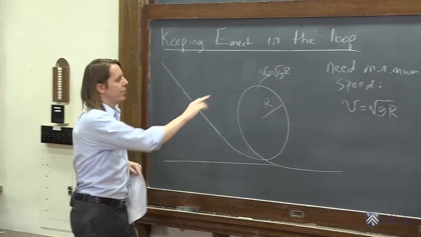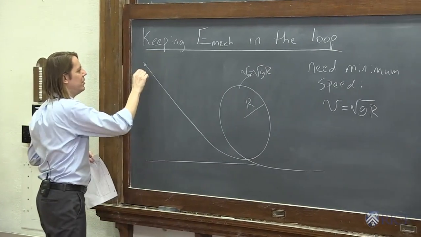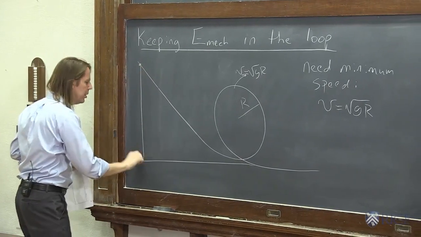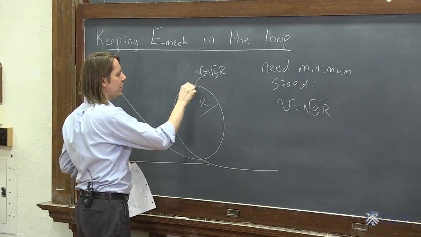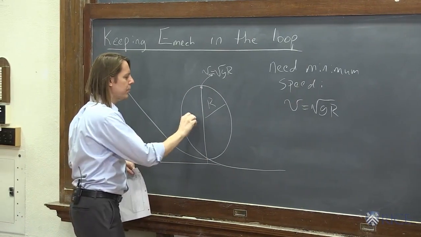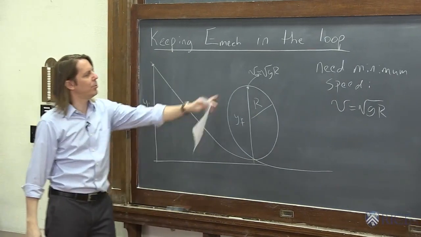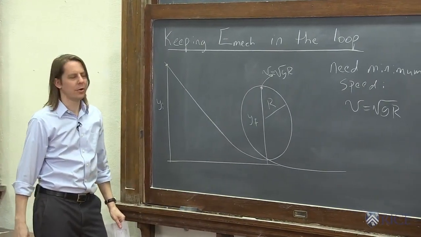So when we get here, that's the speed we need to be going. So where would we start up here? What height up here? y initial, and we'd end up at a height here, y final, and end up with a kinetic energy that's equivalent to having speed square root of g times r.